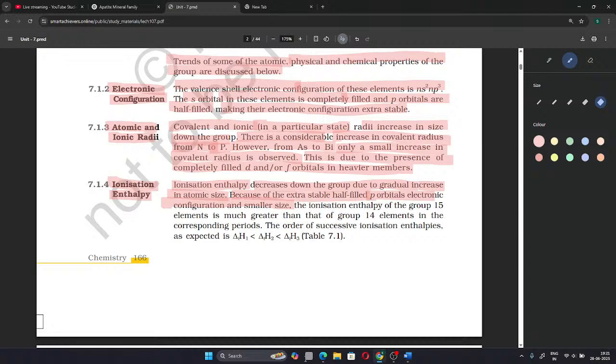If there is high stability, the ionization enthalpy will always be very high. The ionization enthalpy of group 15 elements is much greater than that of group 14 elements in the corresponding periods. The order of successive ionization enthalpies, as expected, is H1 smaller than H2 smaller than H3.